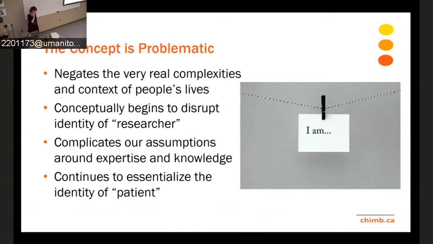So we begin to challenge and disrupt the identity of researcher by complicating the idea about who has expertise and who has knowledge in engagement. What we continue to do is essentialize the identity of patient.